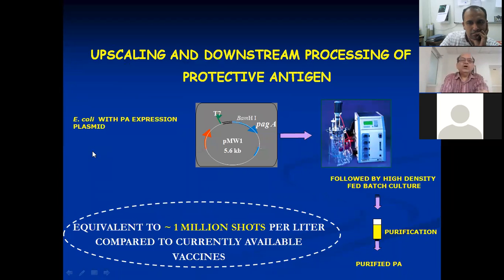Now at this stage, a pharmaceutical company contacted us. They were interested in buying this technology and taking it to the industry. They were ready to give me a total of 40 lakhs of rupees in 10 installments.